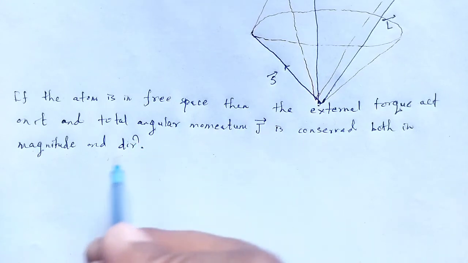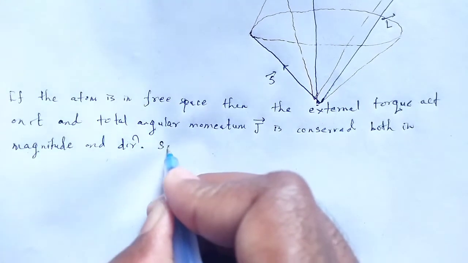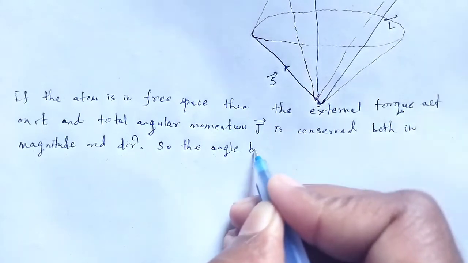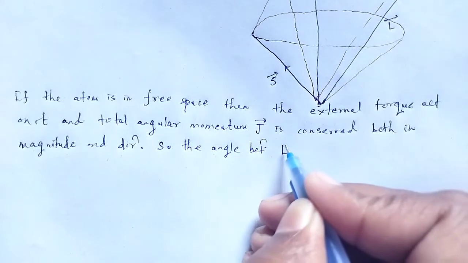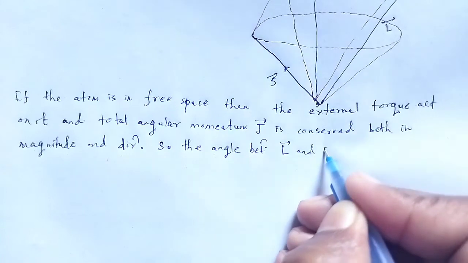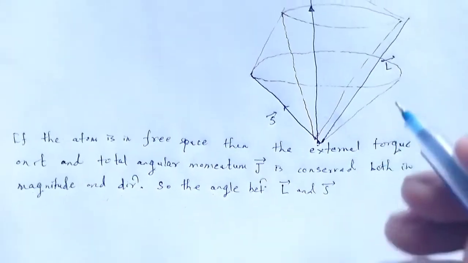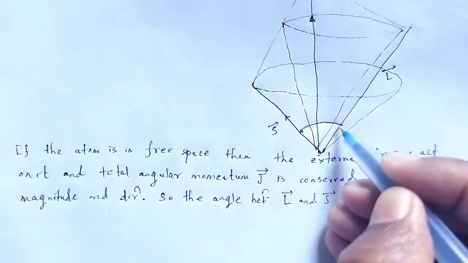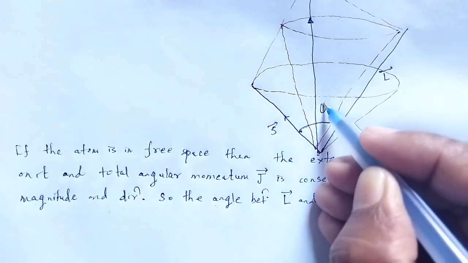So the angle between the L vector and the S vector, the angle theta, remains constant always.